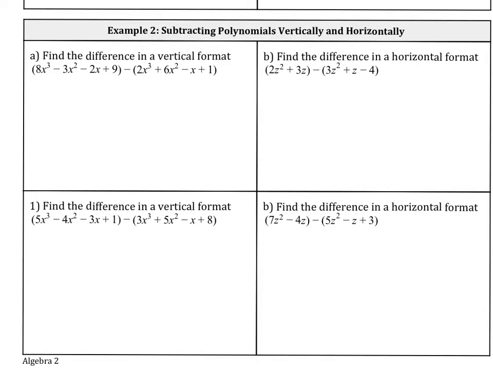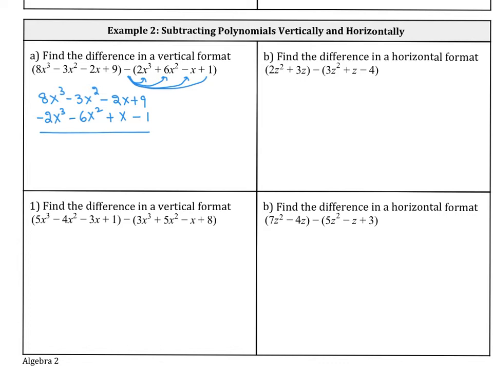Example number 2, subtracting polynomials vertically and horizontally. So when you're subtracting polynomials, one thing you want to make sure is that you're going to distribute the negative inside first and then combine the like terms. So I'm going to write the first polynomial on the top, and the one we distributed is negative 2x cubed, negative 6x squared plus x minus 1.